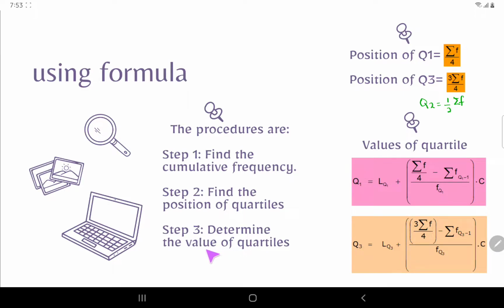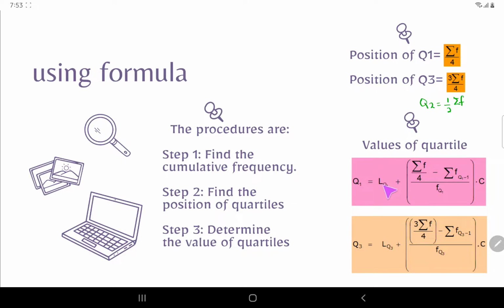And then the third step, we can find the value. For the value of quartile, we are using a different formula from the previous. This is the formula. We only have the formula for Q1 and Q3. So let's see what the difference is between these two formulas.